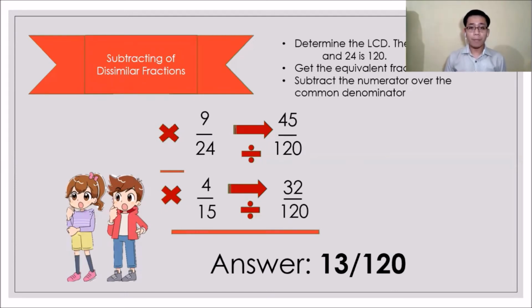Another, we have 120 divide 15. The answer is 8 multiplied by 4. It is 32. So we're going to subtract 45 to 32. And the answer is 13 over 120.